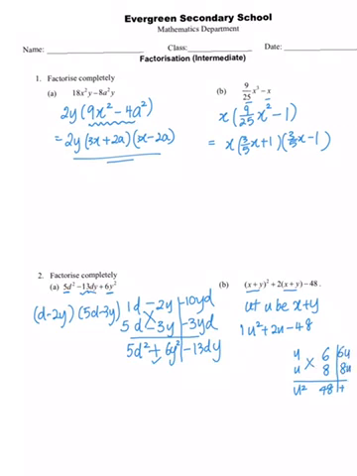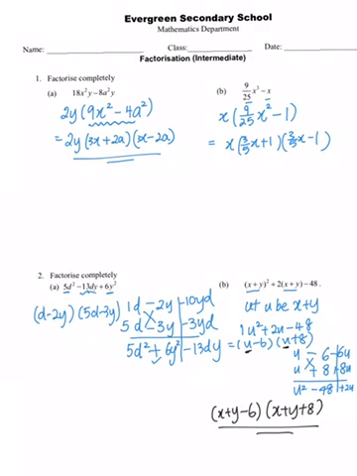I want a positive 2u, so put a positive with 8, negative with 6, and I get, in this case, u minus 6, u plus 8. However, we must remember that our original question is in x plus y, so replacing u with x plus y, my answer will be x plus y minus 6, and replacing u with x plus y, plus 8. So this will be the final answer.